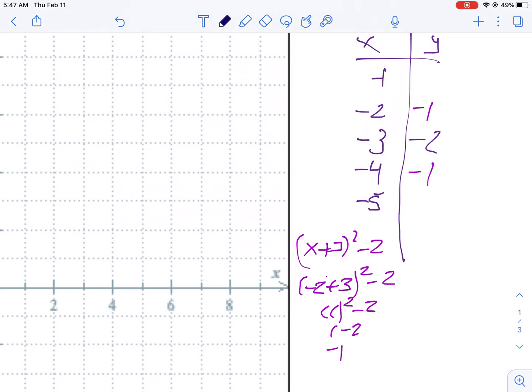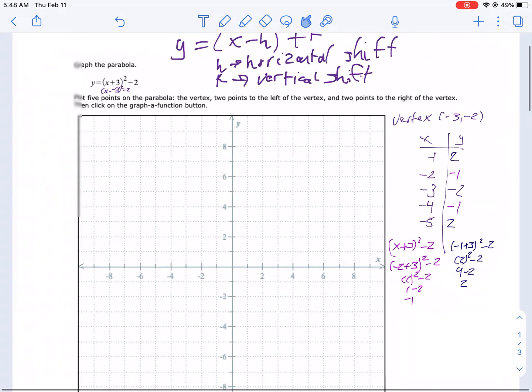So I'm going to say negative 1 plus 3 squared minus 2. Well, negative 1 plus 3 is 2. 2 squared minus 2. So I get 4 minus 2, which is 2. It's also symmetric.